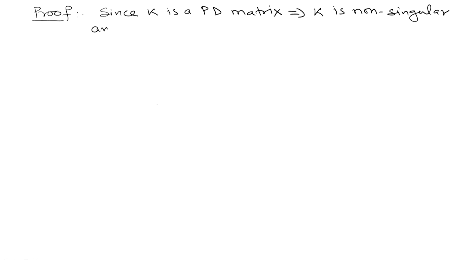So, since K is a positive definite matrix, this implies K is non singular, and hence x equals K inverse f exists, means K is invertible.